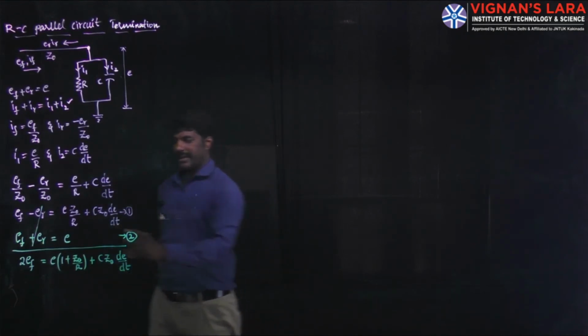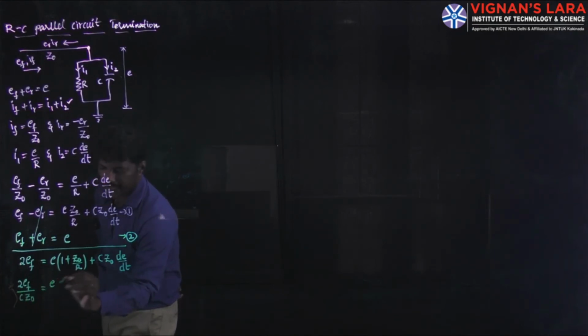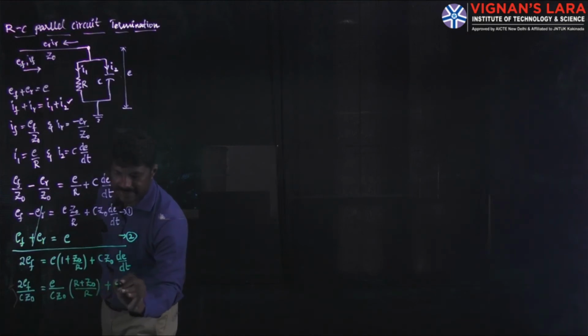Okay. In further simplification, you can write this as 2EF by C Z0 is equal to E into 1 by C Z naught of R plus Z naught by R plus dE by dt. Further you can write like this.